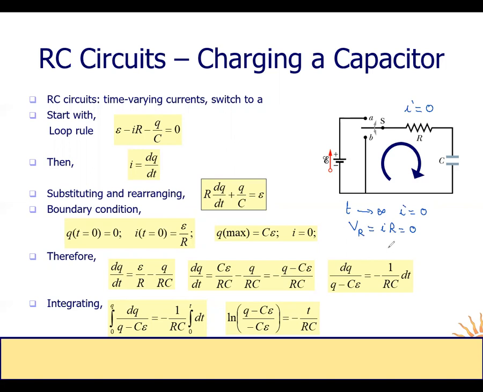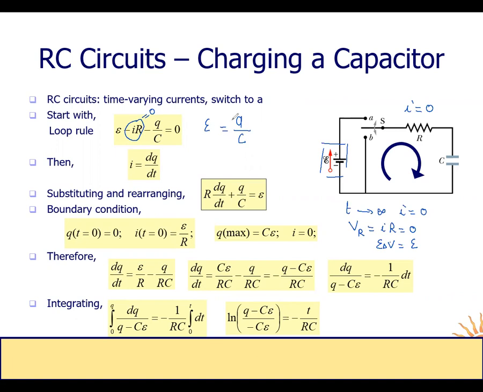So we have only at the end the summation of the potentials equal to the potential at the battery, here we have E. At T infinity, V at the resistance equals 0, so we get only E equals Q divided by C.